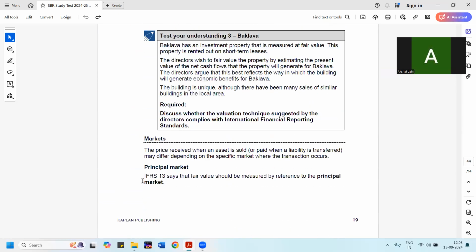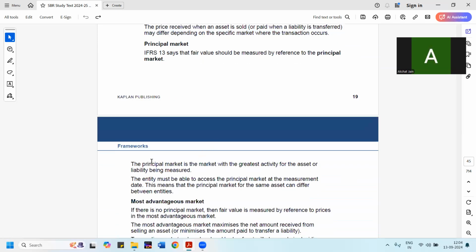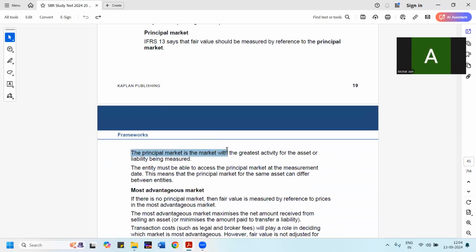The price received when an asset is sold may differ depending on the specific market and where the transaction occurs. What is the principal market? The principal market is the market where the greatest activity for the asset or liability is being measured.